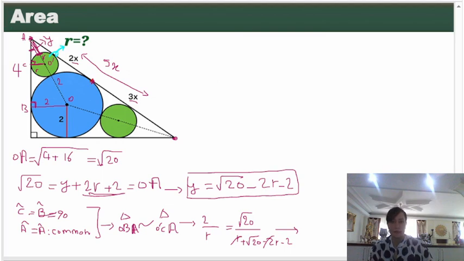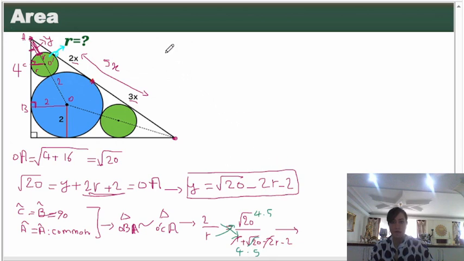Okay, I erased the board. Now I will continue. Here I said now it's time to use cross multiplication. Let's first write square root of 20 as almost 4.5. So it would be 4.5 as well.